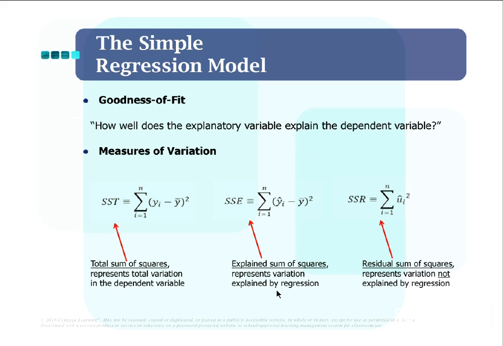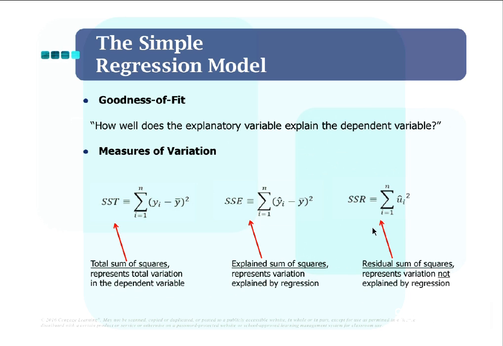Because this part is constructed using information of x, this part y i hat is actually predicted by x. So the total variation of y i hat is called the explained sum of squares.